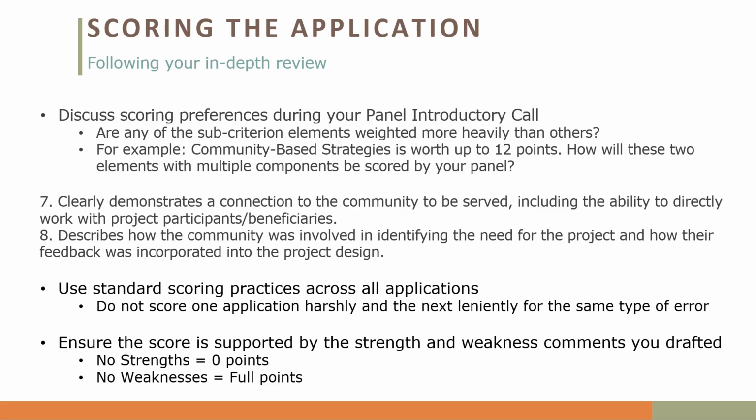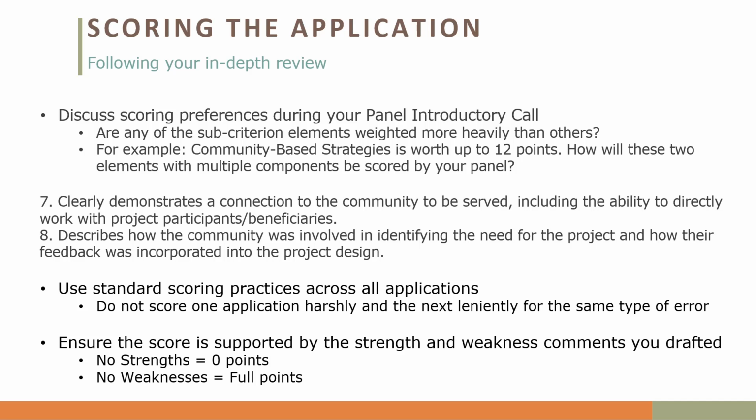Once you've written all of your comments, you can consider the score. One of the first tasks you and your panel should do is discuss the NOFO criteria and score ranges together while you're on your panel introductory call. Ask yourselves if there are subcriterion elements that should weigh more than others, or maybe have more than one focus.